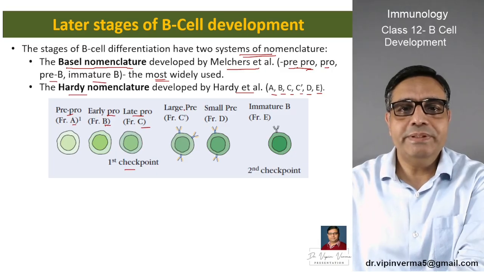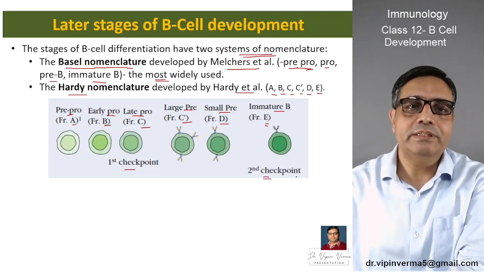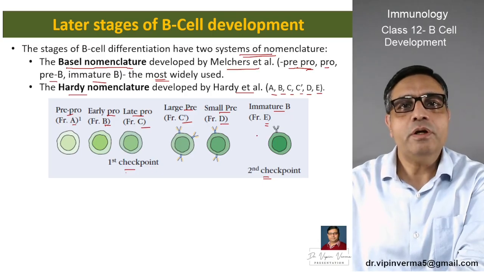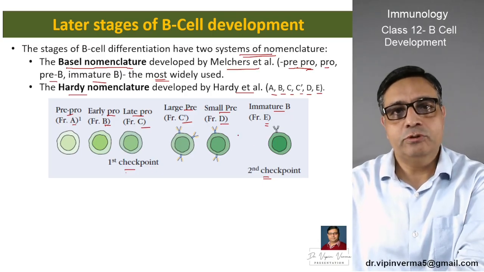Then there is a large pre-B cell which is C prime, then there is a small pre-B cell which is D, and finally the immature B cells which are equivalent to E. And here the immature B cells also display the second checkpoint. So we have two quality checkpoints, one at the late pro B cell stage and another at the immature B cell stage. So we will see.